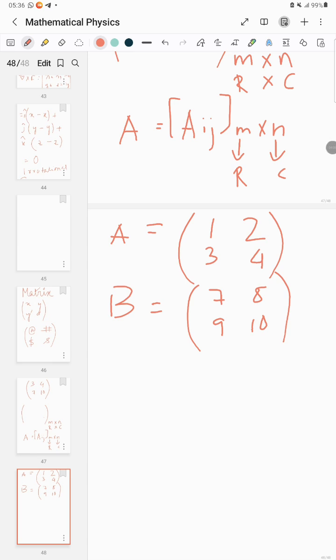Again, they can also be multiplied only if the number of columns of A is equal to the number of rows of B. So if A has 2 columns and B has 2 rows, only then can we multiply A and B.